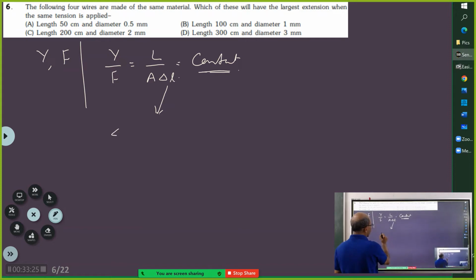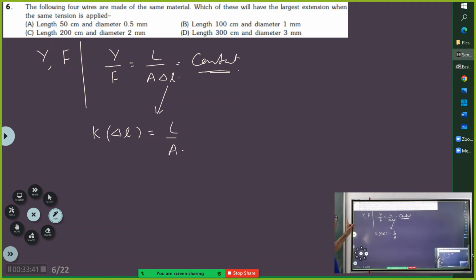Delta L into some constant K will be equal to L by A. Correct? So which of these will have the largest extension when the same tension is applied? You have to compare L by A for all of them. That's it.